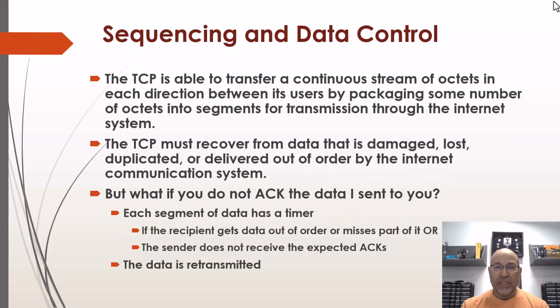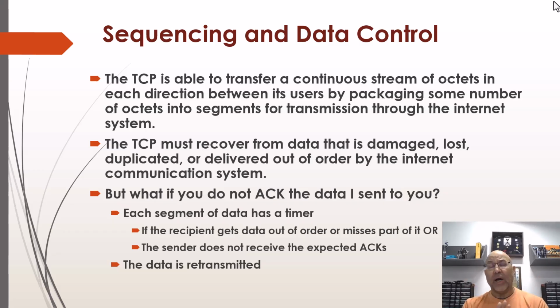Now, TCP is able to send a continuous stream of octets, but there's a limit. That's the window size. So when I go to a web server, you notice that when you go to a web page, there's a lot of data that comes down to you, right? A whole bunch. So that means that the server can say, here's all this data, right at you.